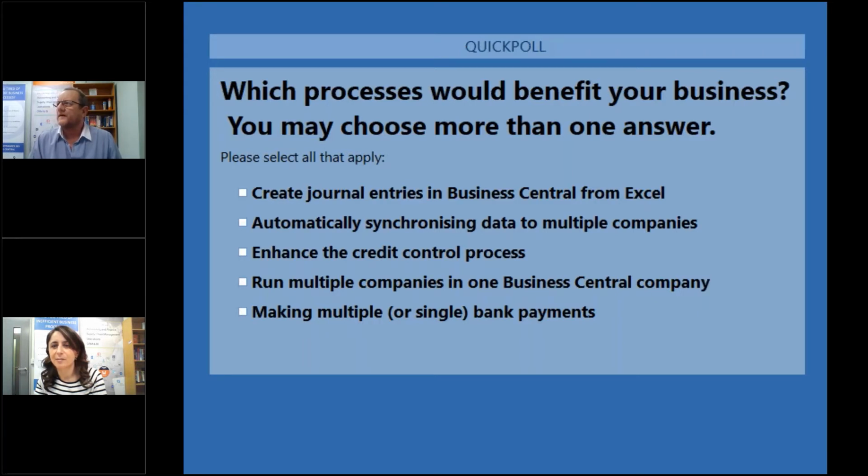Looks like running multiple companies in one Business Central company and making multiple bank payments is, oh, and also enhancing the credit control process. So thank you very much for taking part in the poll. Just close that and I will pass over to Ian.